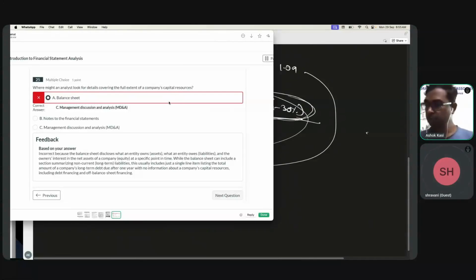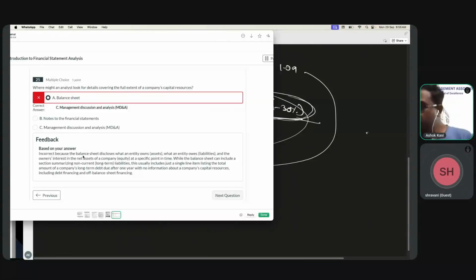Because the balance sheet is just telling you what has happened in the past. Whereas here, what might an analyst look for details covering the full extent of a company's capital resources? See, you can read this.